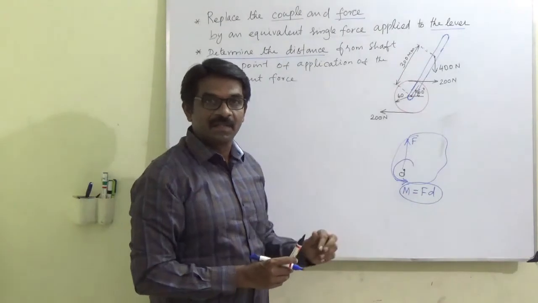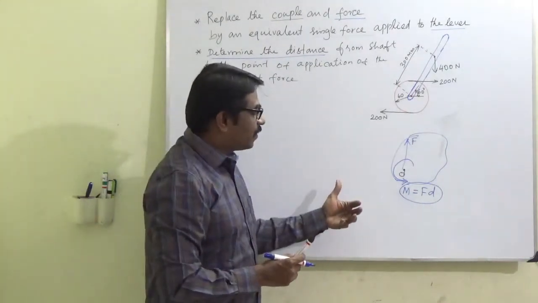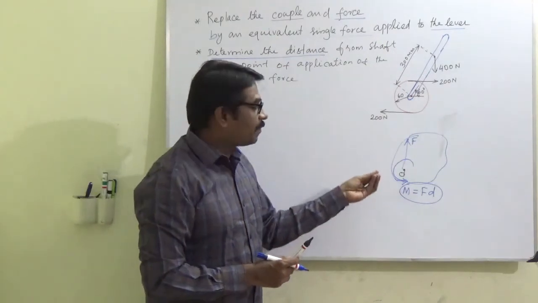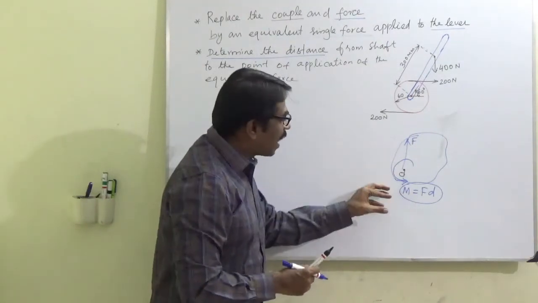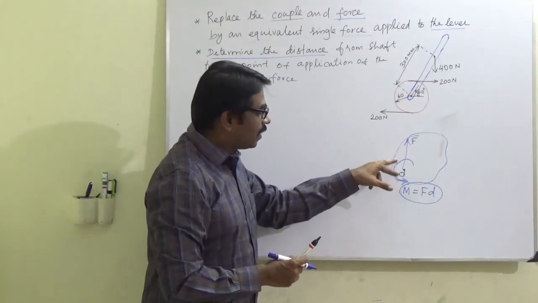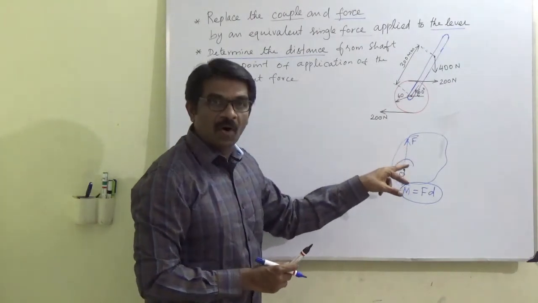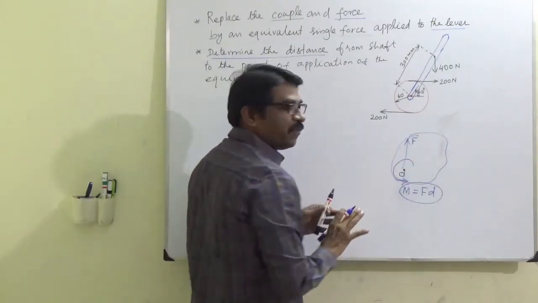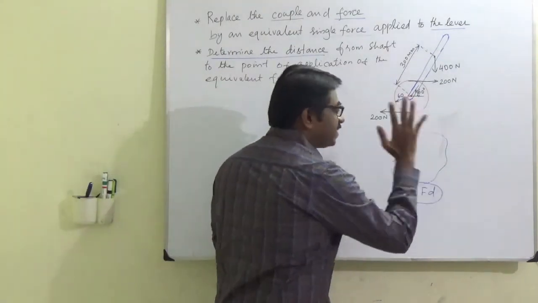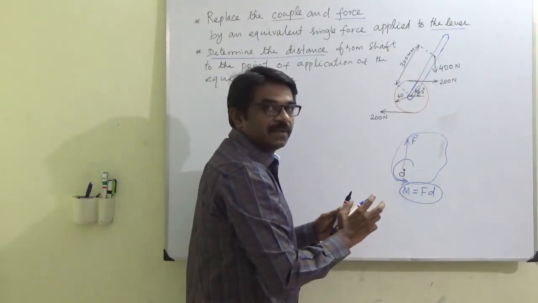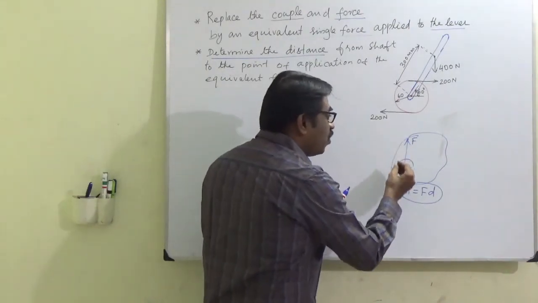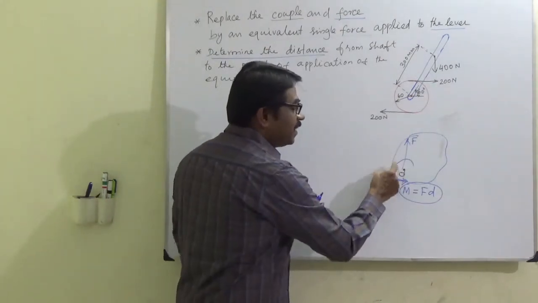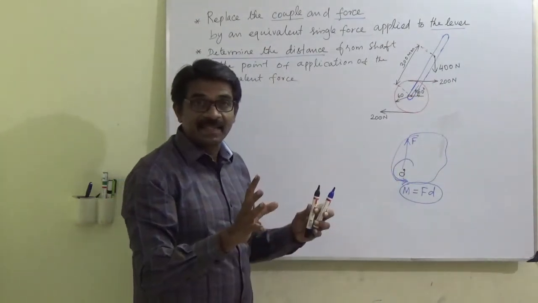This is the concept. Now we also know one more thing, couple is a free vector. When you have a couple and a force at a point, upon moving the force to a certain distance, the couple is released.